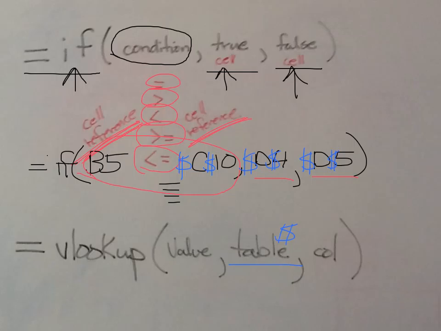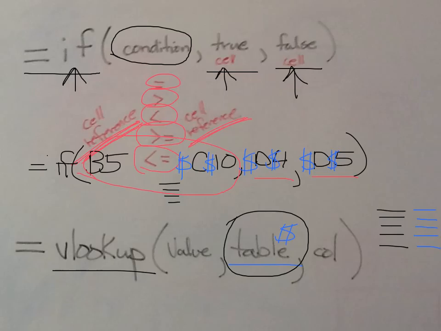All right, so let's just look at this one to finish up. VLOOKUP. We can have a table of values. Okay, so let's say we have some values here, and then matched with each one of those we have some more values that we want to look up. So we're going to look up a value here in the table.